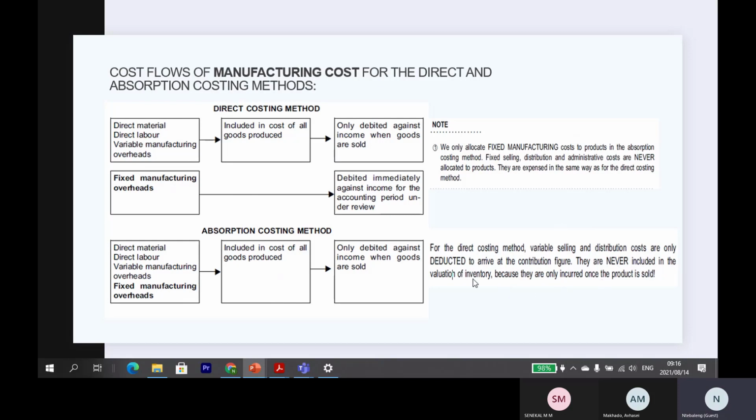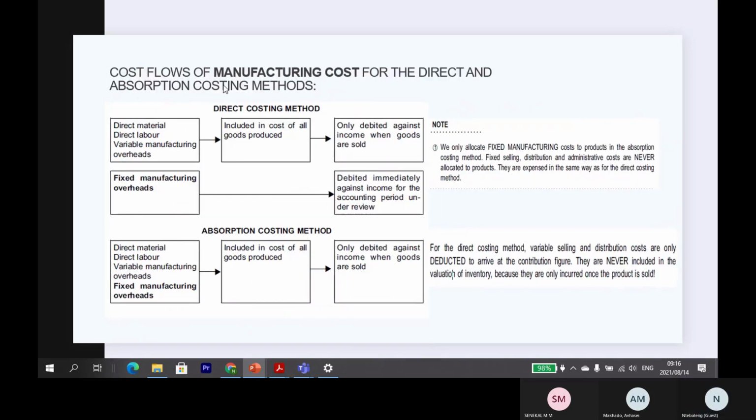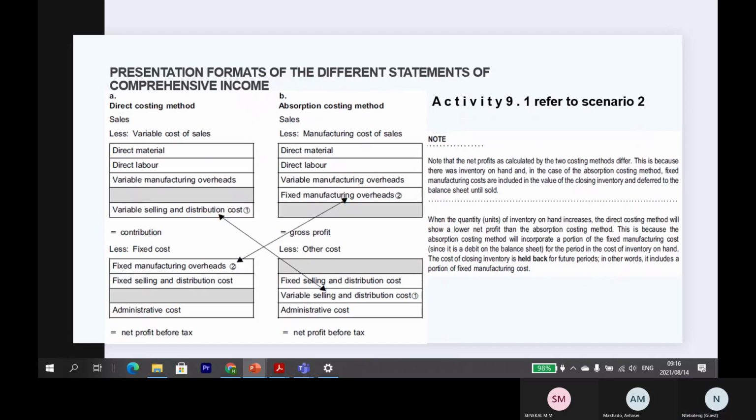They are never included in the valuation of the inventory because they were incurred once the product was sold. Okay, so these are important principles that you must know because, as I've said, they play a huge role in how your income statement looks.